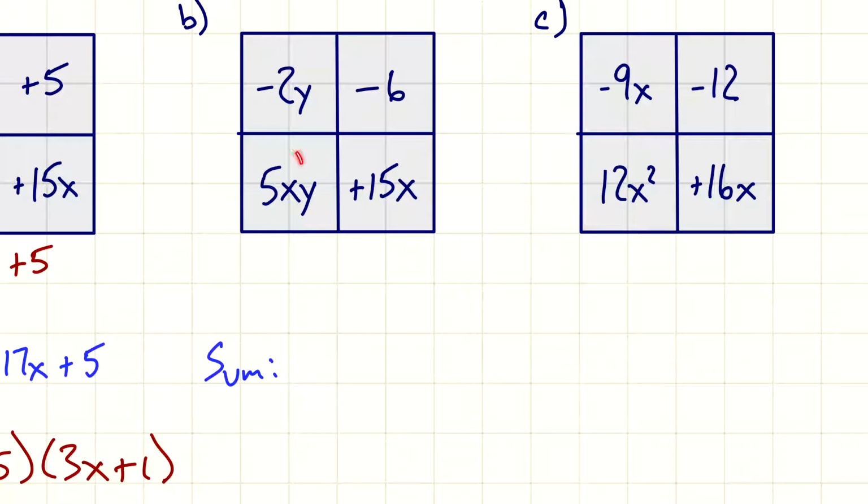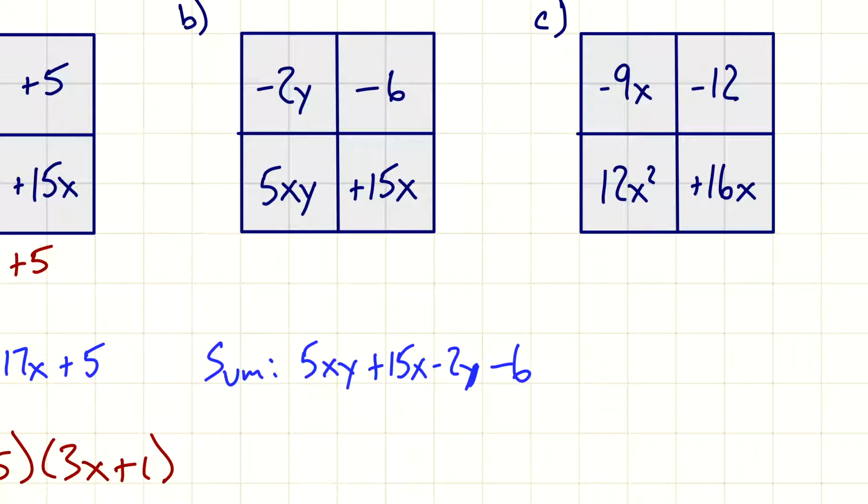We have a 5xy. There's nothing else with an xy in it. This has a y. There's nothing else that has just one y in it. So it looks like all these are kind of unique terms. So all we're going to do is just copy them as they are. So 5xy plus 15x minus 2y minus 6. All right, that's it. So that was easy. We just had to copy it.